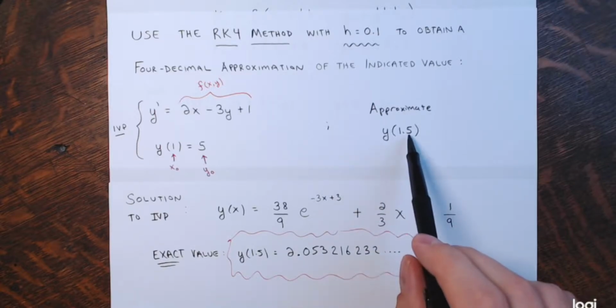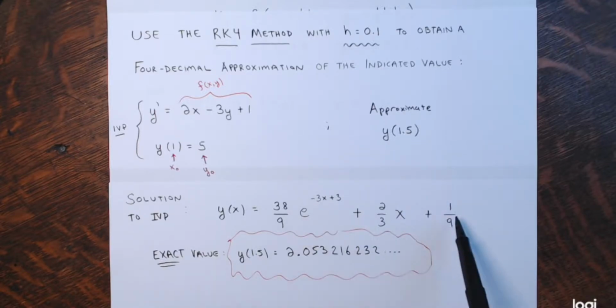If I plug in 1.5 for x in this function, the exact value of the solution at 1.5 is 2.0532162322. It's approximated because I stopped it, but it would go on forever.